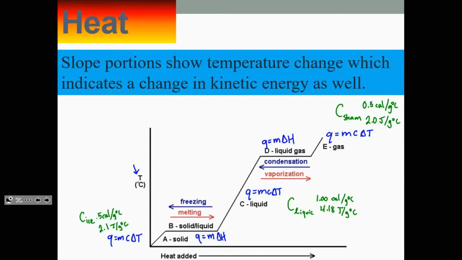Now, on the other hand, you have values for M delta H. So for the delta H values, for vaporization or condensation, we have 40.7 kilojoules per mole, or 2260 joules per gram, depending on the unit that you need.